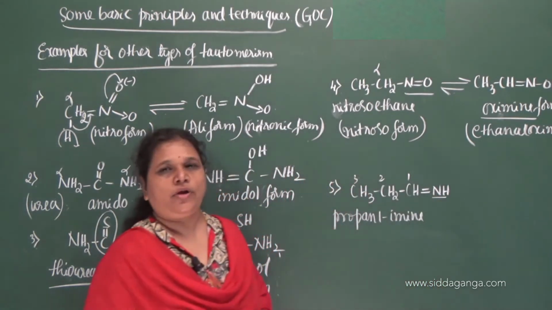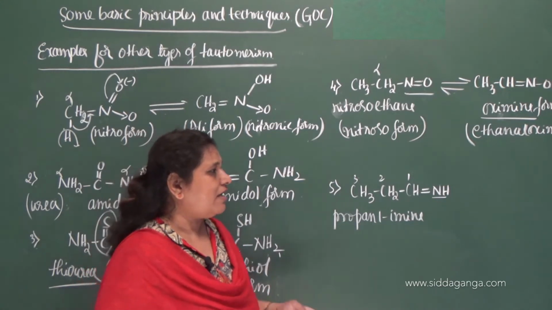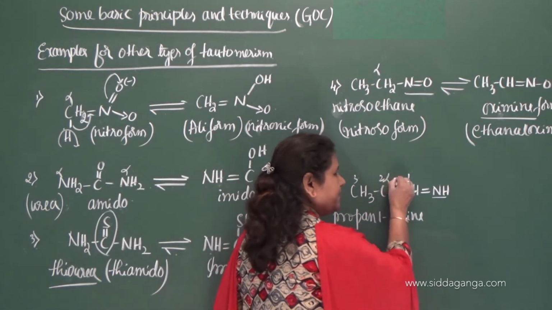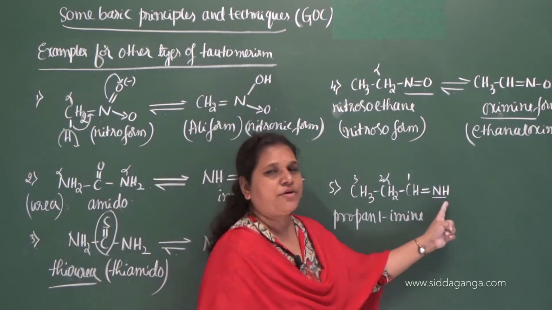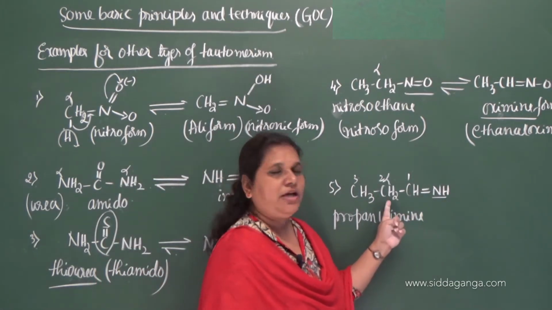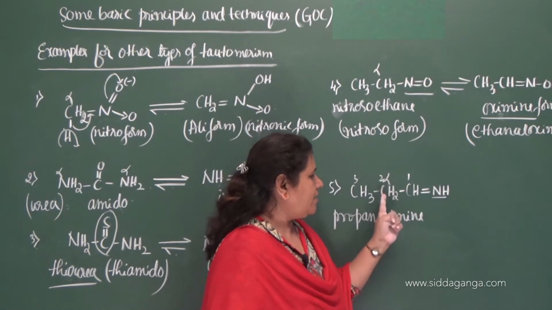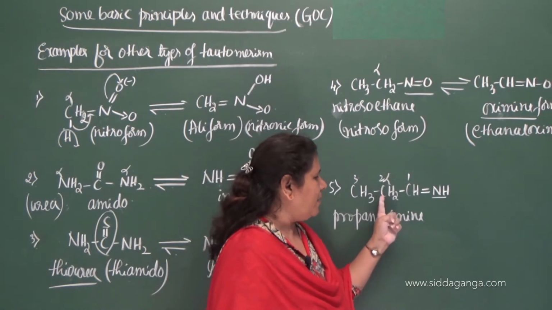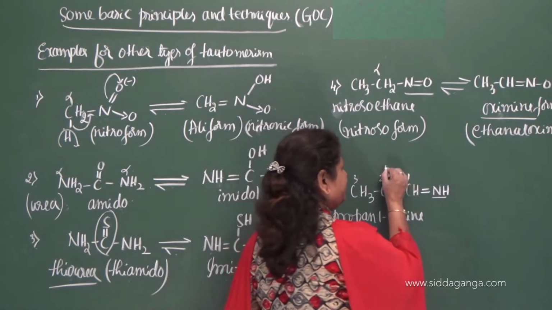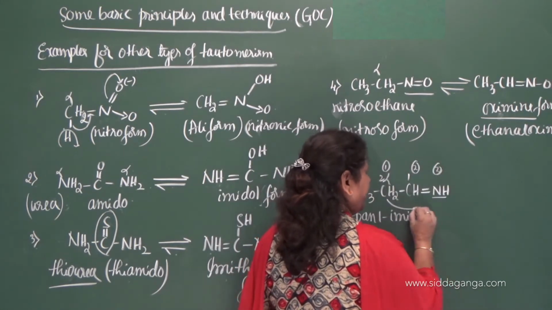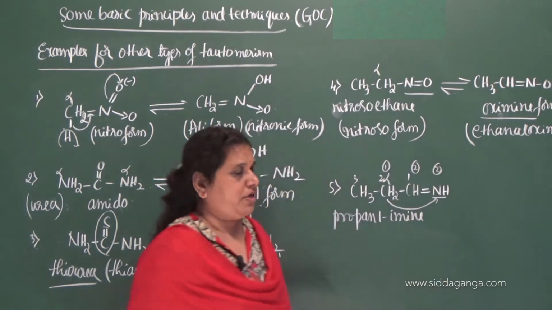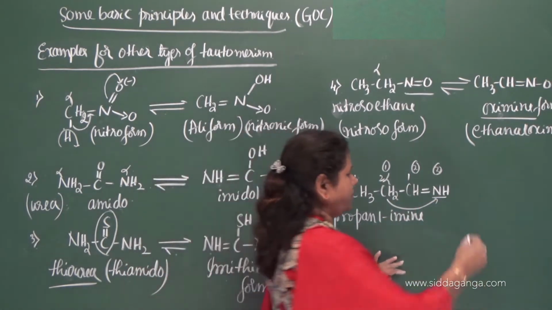Nitrogen is more electronegative. And which is alpha hydrogen here? This becomes alpha hydrogen because this itself is a functional group. And this alpha hydrogen shifts from here to here. So this is the first atom, second atom and the third atom. The hydrogen shifts to nitrogen because nitrogen is more electronegative.